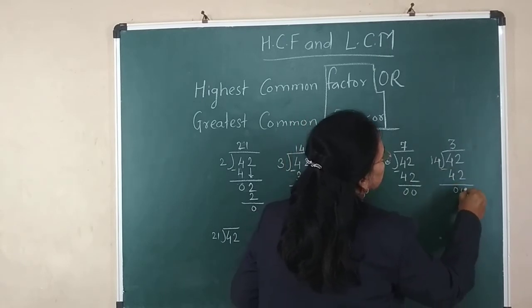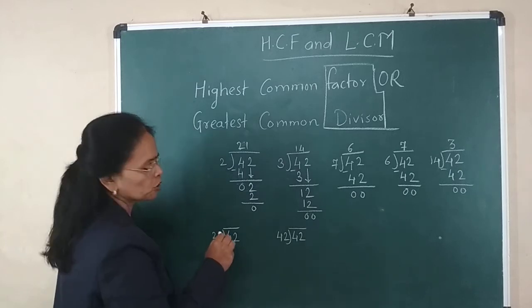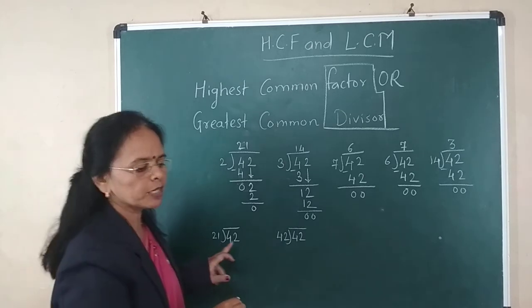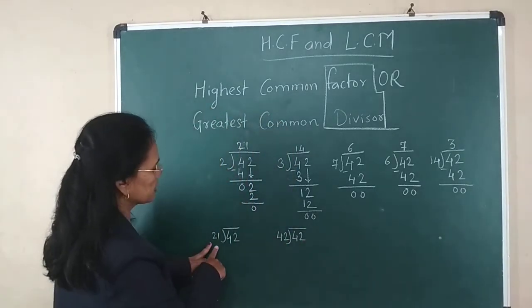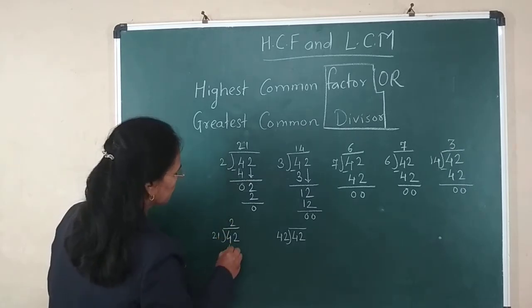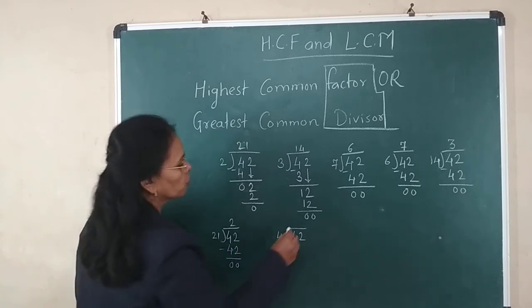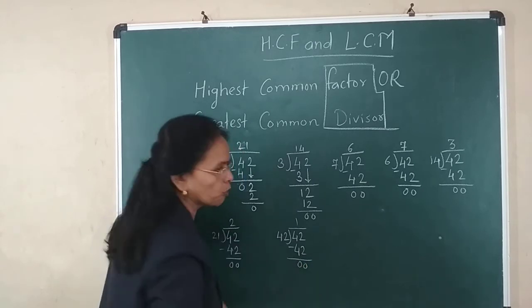Remainder is 0 here. 21. So, what is the table of 21 now? 21 ones are 21. 21 twos are 42. The remainder is 0. 42 ones are 42. The remainder is 0.